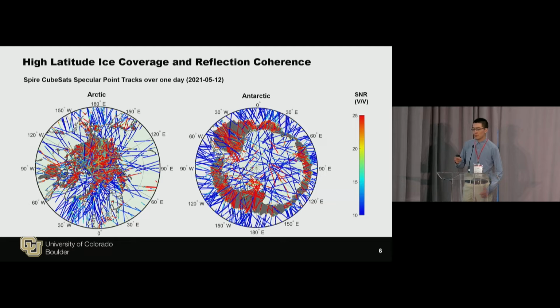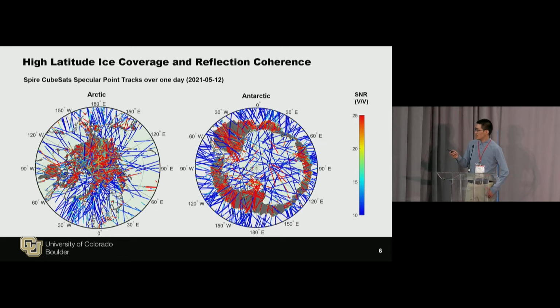And now the primary target area for us using the reflection signal is the polar regions. And these two maps show the reflection tracks over just one day received by the CubeSats. And the gray area under these tracks represent the sea ice extent.